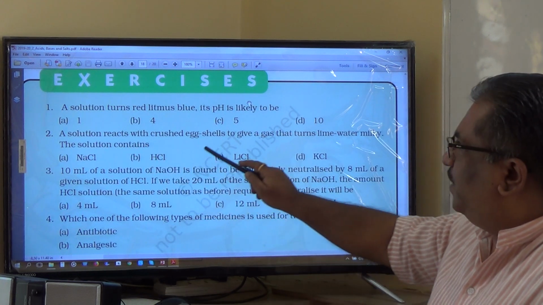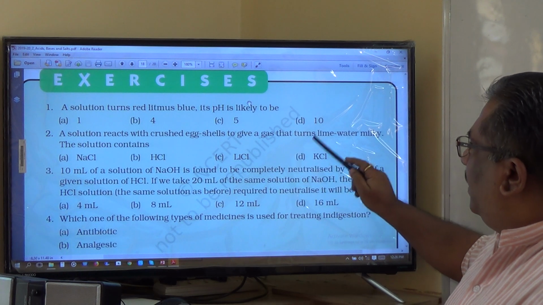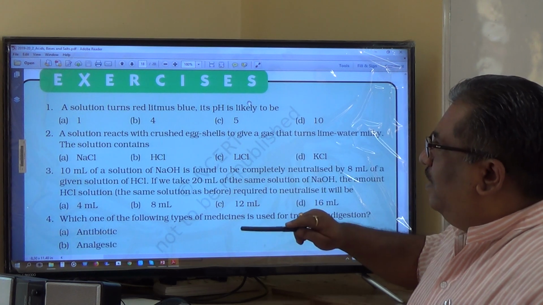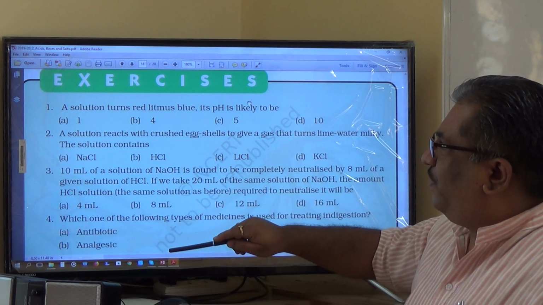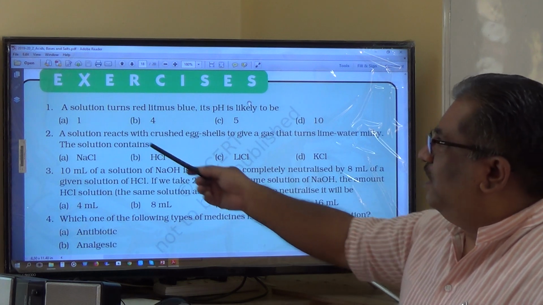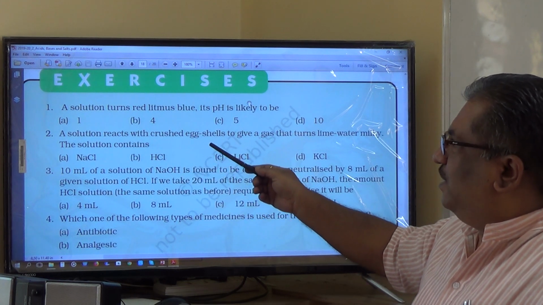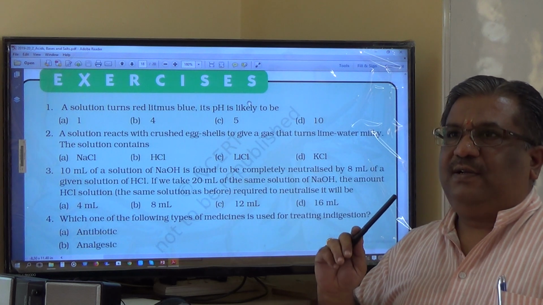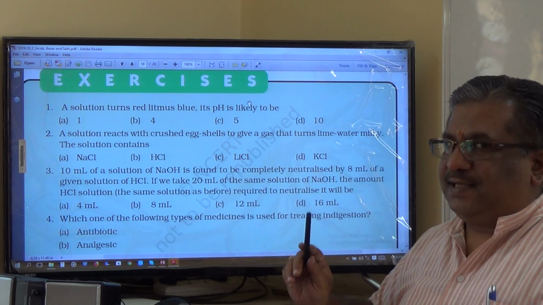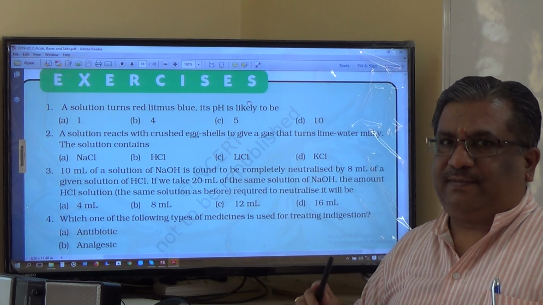A solution reacts with crushed eggshells to give a gas that turns lime water milky. The solution contains. What is it that it will contain? Crushed eggshells contain calcium carbonate.